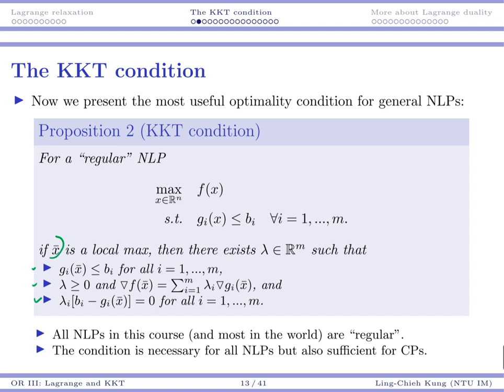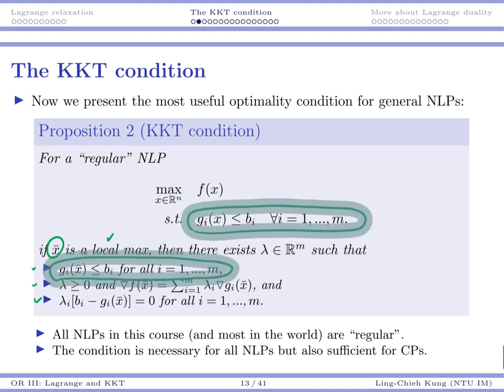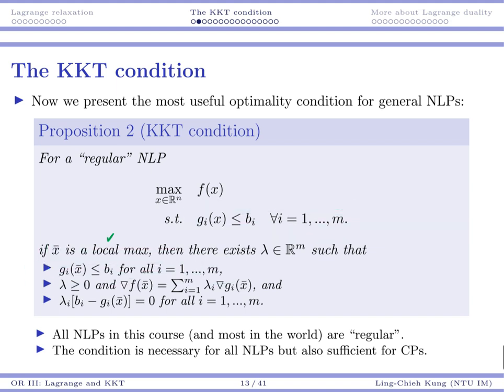First, your x bar is going to satisfy all your original constraints. That should be true, otherwise it cannot be a local maximum. And also your lambda should be non-negative.